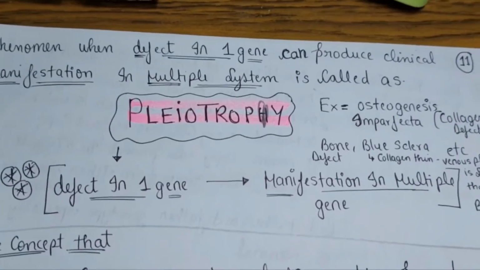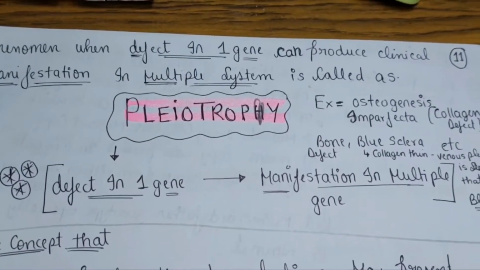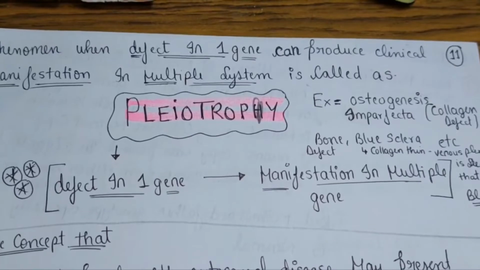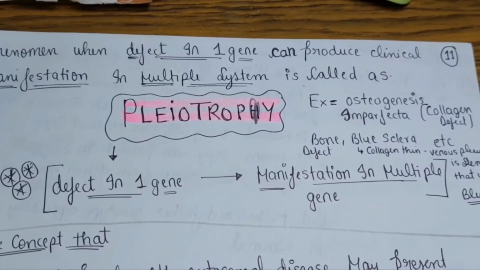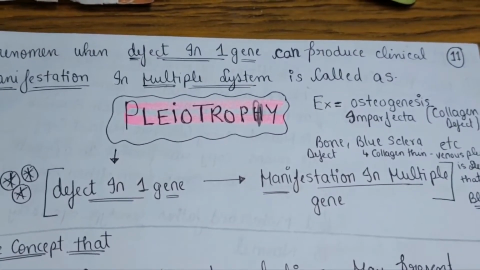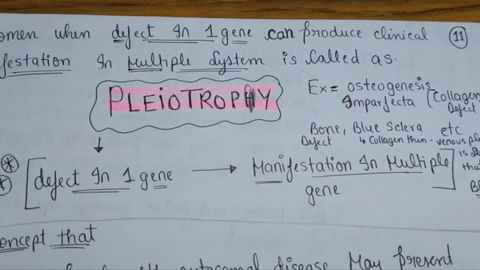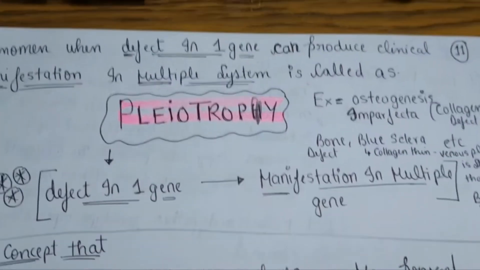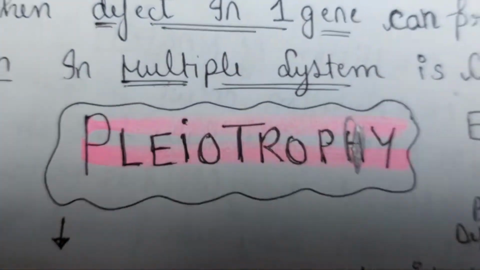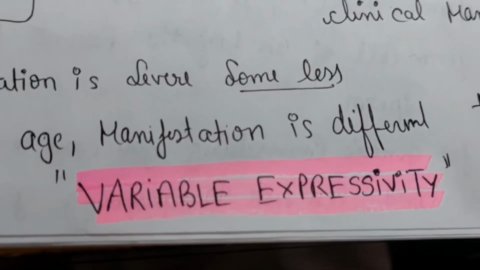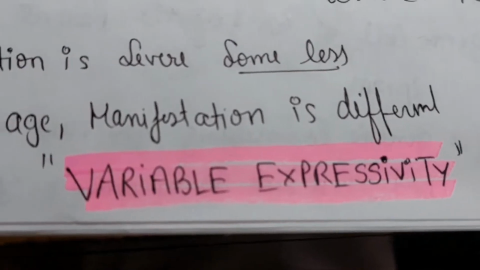So here also we have a defect in one gene, but that leads to manifestation in two different systems, bone and the eyes. Therefore if there is a defect in one gene and there is manifestation in multiple systems, it is called pleiotropy.